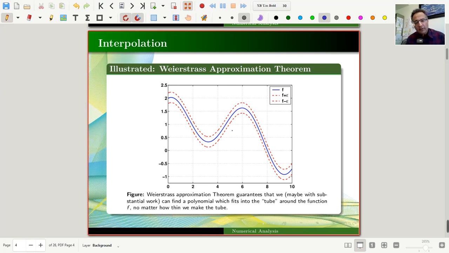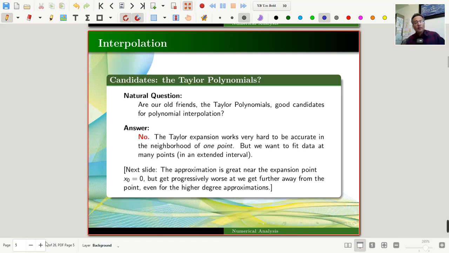If you consider the blue curve as the exact curve of f, then these two red plots are f plus epsilon and f minus epsilon, and we can choose a small epsilon. Then these two curves are going to fit around the blue one, the exact one. But our problem is how can we find this polynomial?